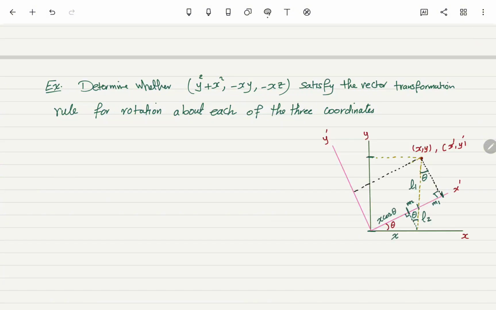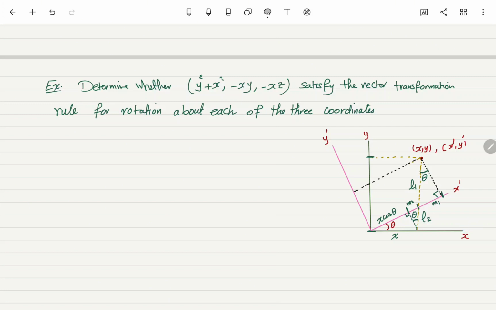Just quick reminder for the procedure we mentioned before, this is x and y rotated around the z-axis perpendicular to the page. So in this case here we just discussed how the new coordinates x prime, y prime related with the original coordinates x and y. Now if we would like to rotate the coordinates, let's say for instance around the x-axis, so instead of using x and y in this case here, we should use y and z.